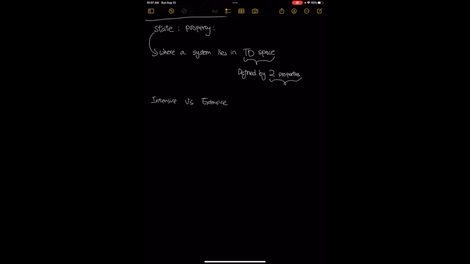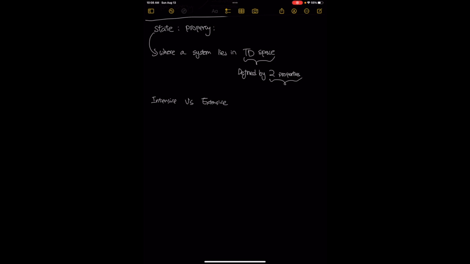For example, if you have a system and you take a piece of it, that small piece should have the same property as your original system. If that's the case, we call it an intensive property. But if you take two pieces of the system and add them together, and the properties start changing, then we call it an extensive property. Don't worry, we will look at one example so you guys can better understand.